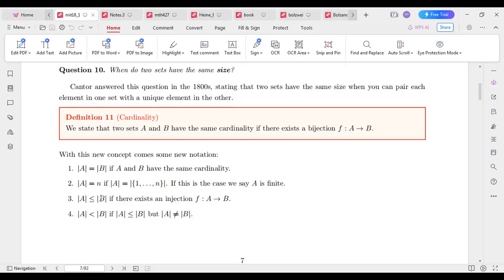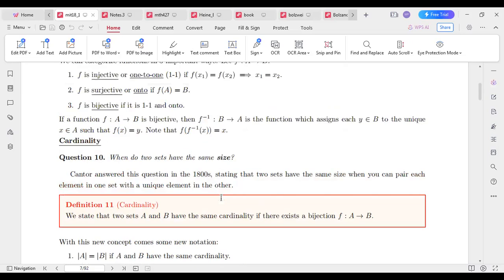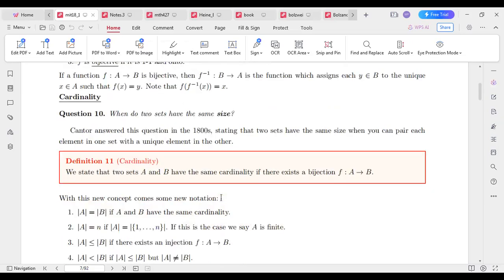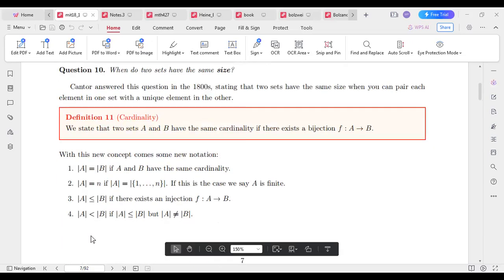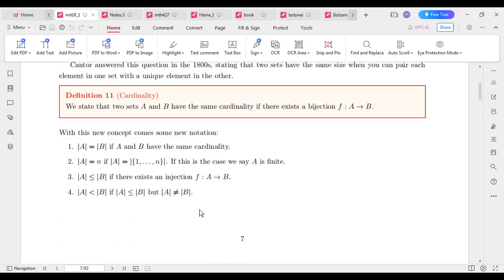Cardinal of A is less than or equal to cardinal of B if there exists an injection f from A to B. Injection means a one-to-one function. And if cardinal of A is less than or equal to cardinal of B, in that case cardinal of A is not equal to cardinal of B.